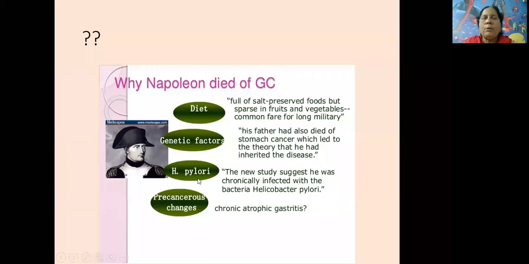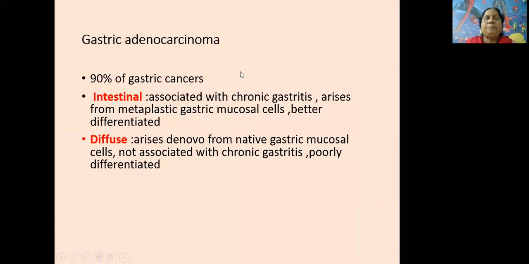Then H. pylori. He was chronically infected with H. pylori, because he had a long duration of dyspepsia. Then precancerous changes, chronic atrophic gastritis. So these four factors are important for the development of gastric cancer.